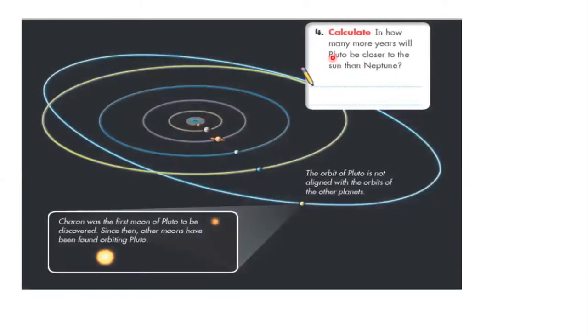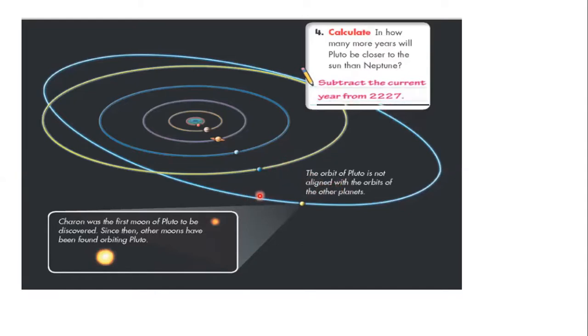Now, who can read question number 4? In how many more years will Pluto be closer to the Sun than Neptune? Excellent answer. Subtract the current year from 2227. This is the orbit of Pluto, which is not aligned.